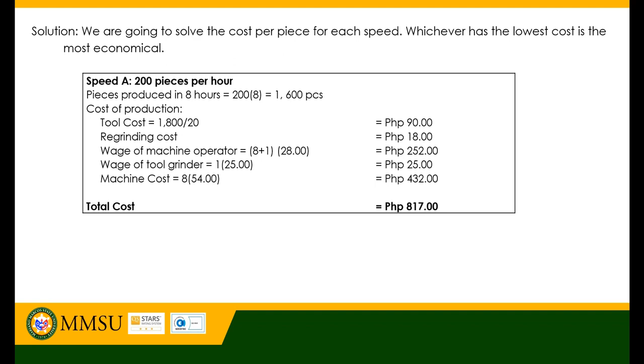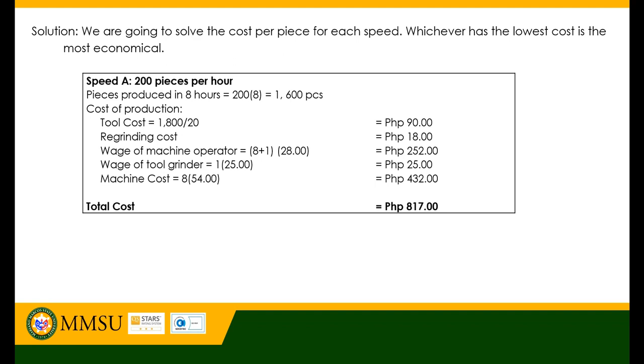Cost of production, tool cost is 1,800. 20 times yan na pwedeng i-regrind. So, divide natin yan sa 20. So, yung cost niya per regrinding is 90 pesos. Okay.